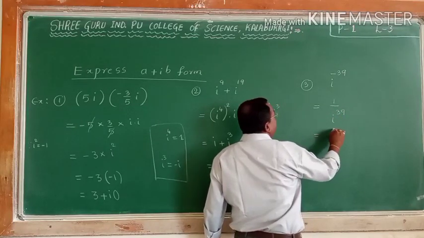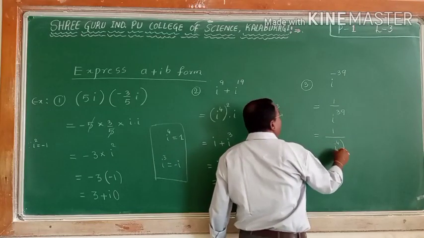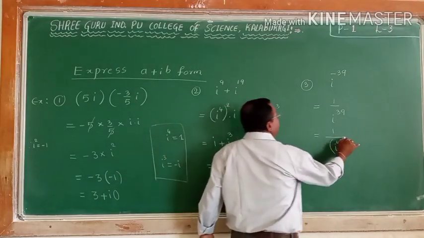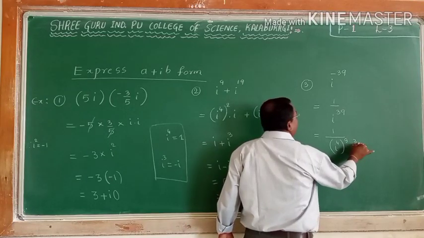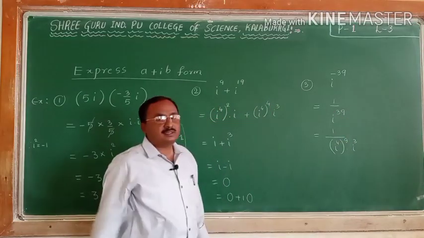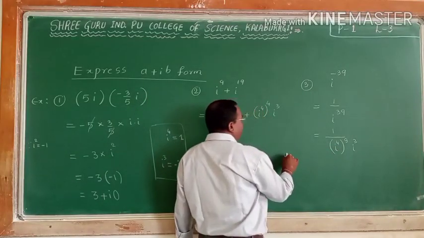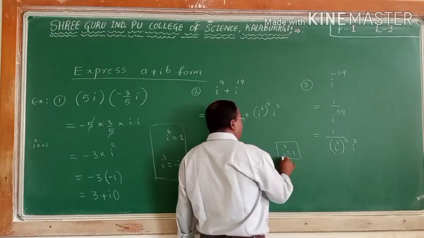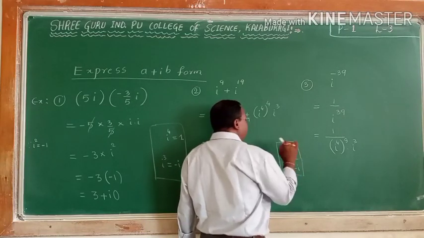This can be written as 1 divided by i power 4 whole to the power 9, 4 nines are 36, remainder 3, 36 plus 3 is 39. I power 4 is always 1, and i cube value is minus i.